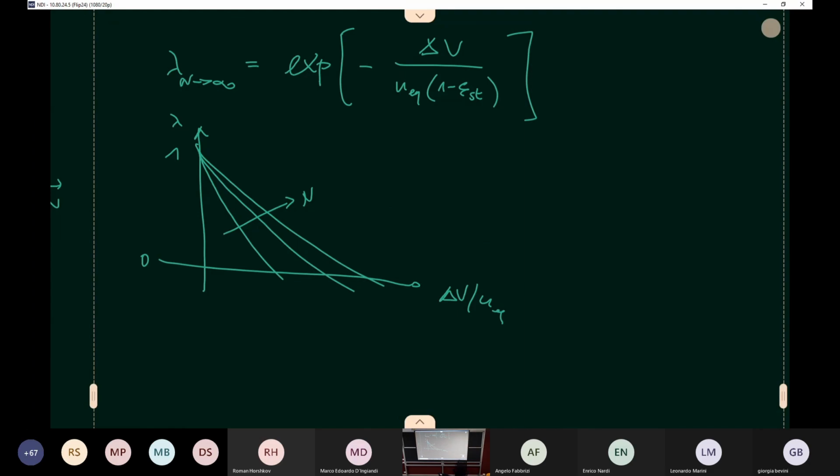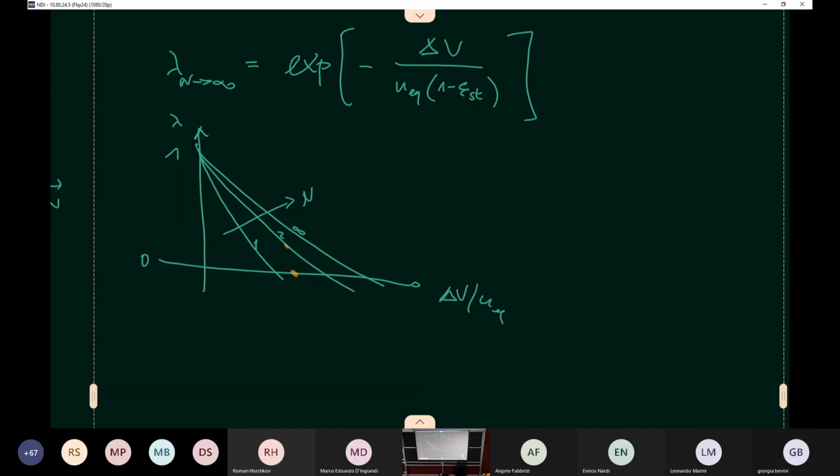And you see from this plot that what you cannot do given delta V with a given value of n can be done with another value. So you see, for instance, that this delta V here is not achievable if this is 1, this is 2, this is infinity. It's not achievable with 1. It will be achievable with 2, and of course even better if we move towards infinity.